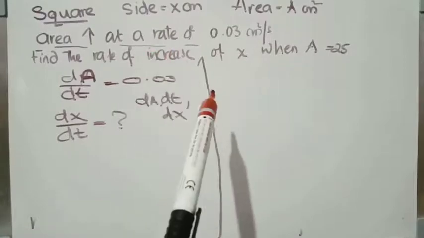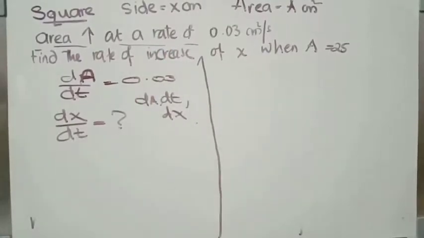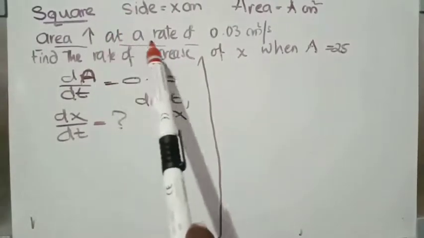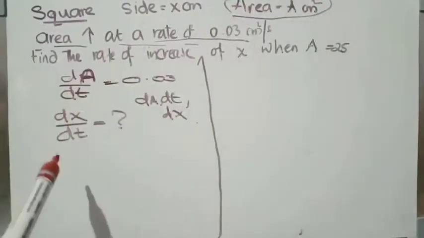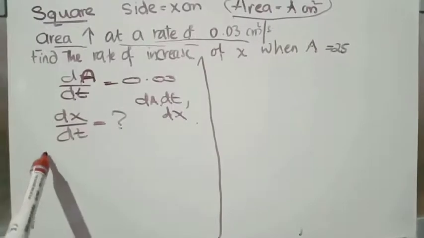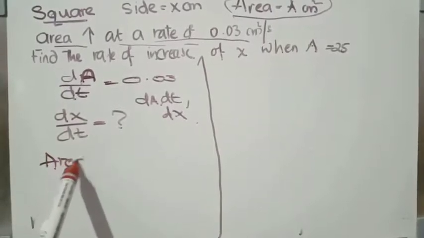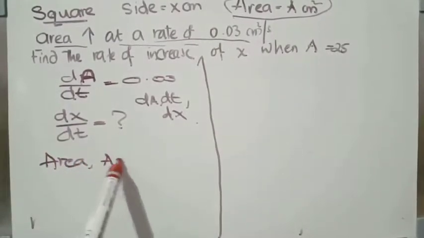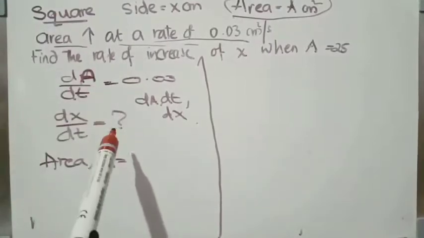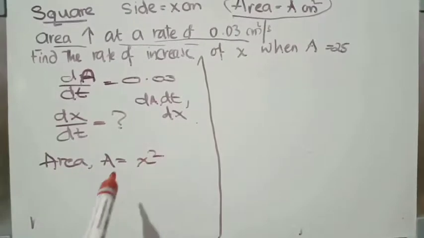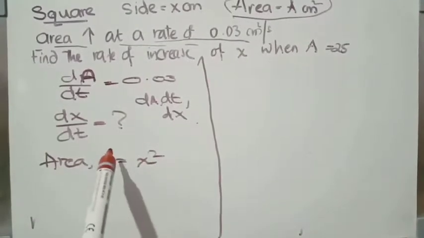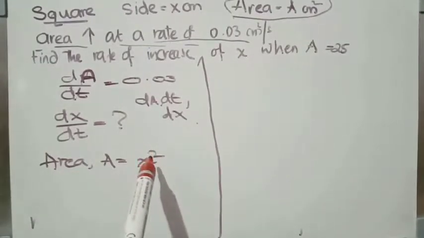In every question there must be two conditions given. One condition is this one. Another one is area. A is equal to area of a square. It is side squared. Here it is x squared. So area is x squared.